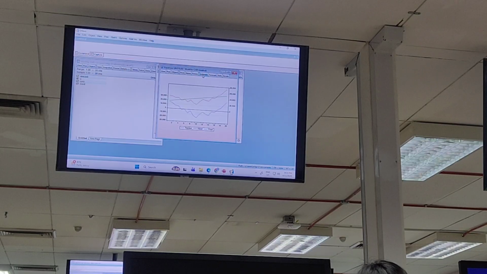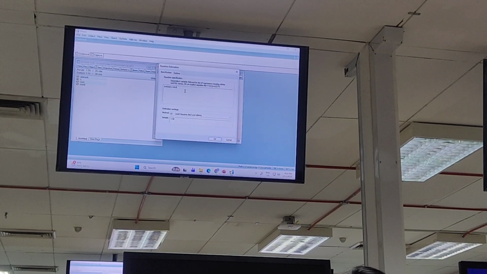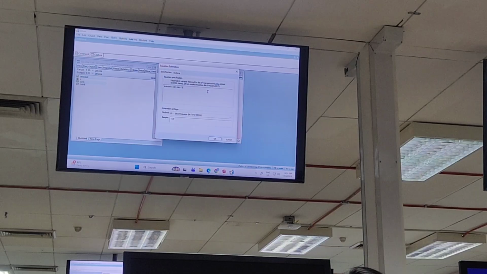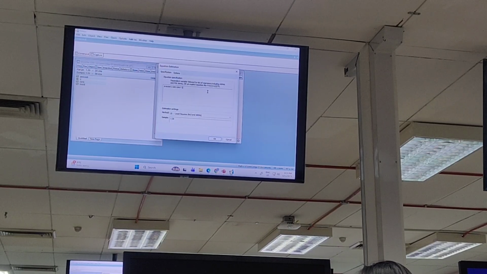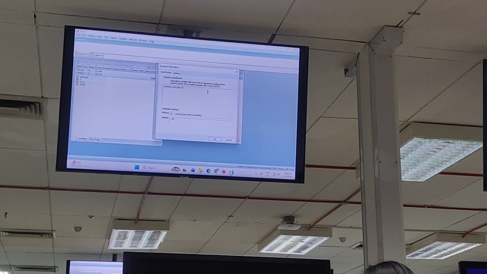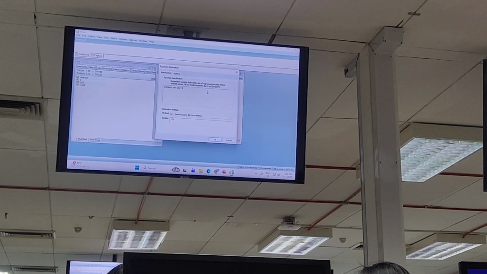So you re-estimate the model, estimate again, and add x square, which is cars square.